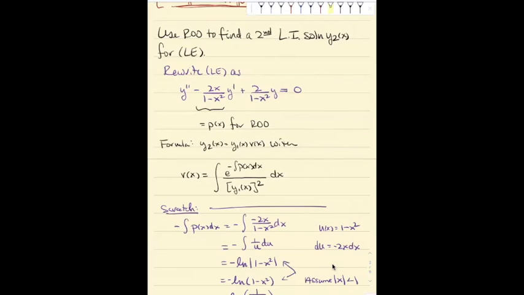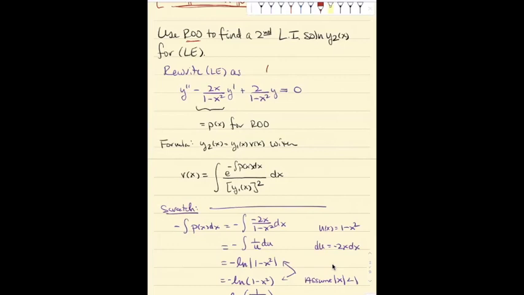Now I want to take a page out of the first few appendices and use reduction of order to get our second linearly independent solution. First thing we do, don't forget, is put our equation in standard form.